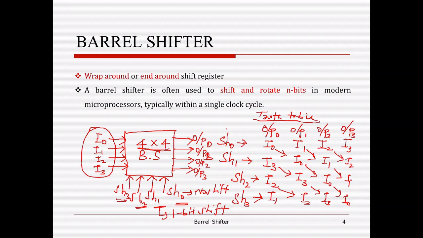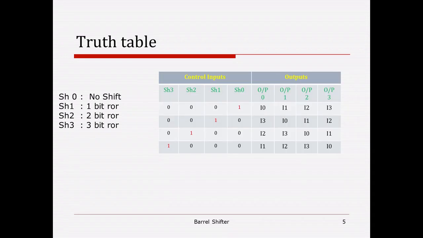Remember that at a given time the barrel shifter responds to either SH0, or SH1, or SH2, or SH3. Clear? So this is the basic principle and actual working principle of the 4x4 barrel shift register. The actual truth table of the 4x4 barrel shift register I have constructed based on the basic principle of the barrel shift register we discussed in the previous slide.